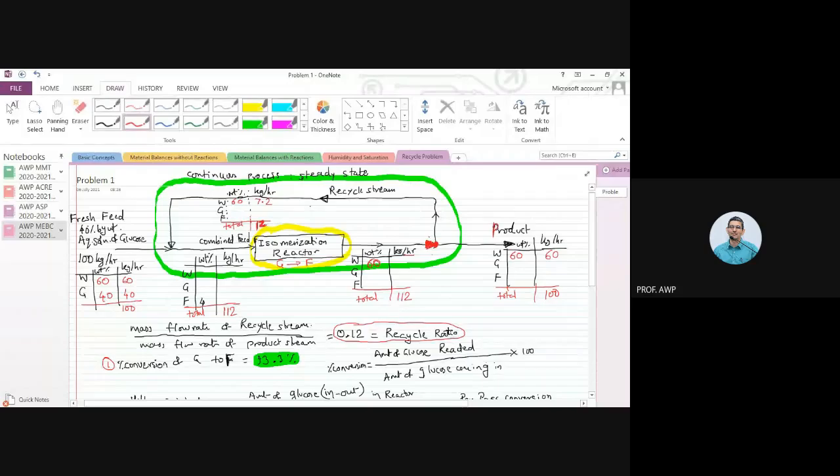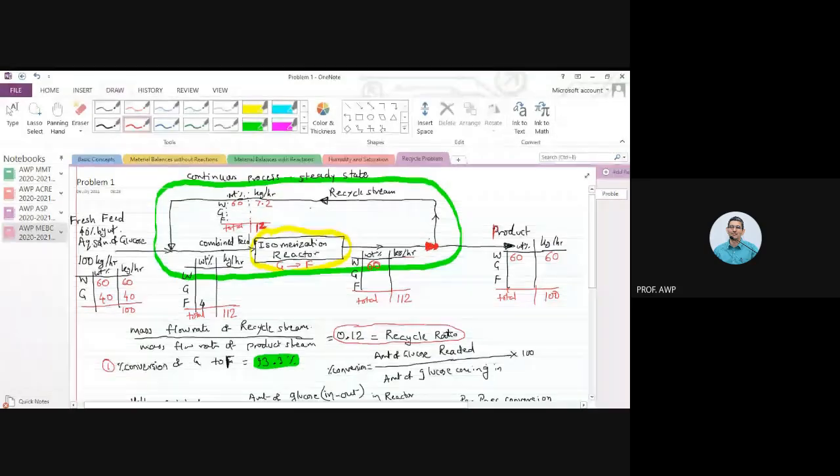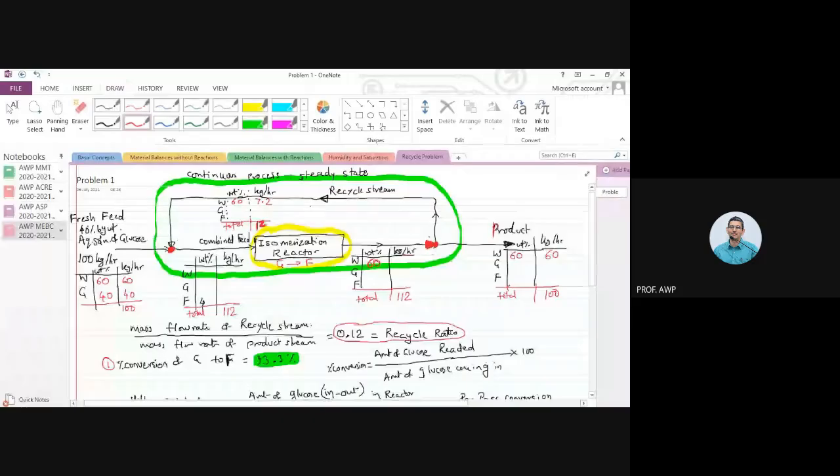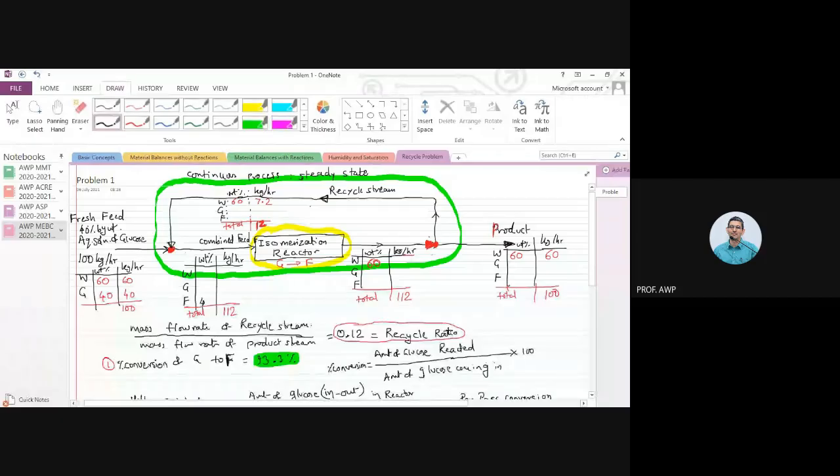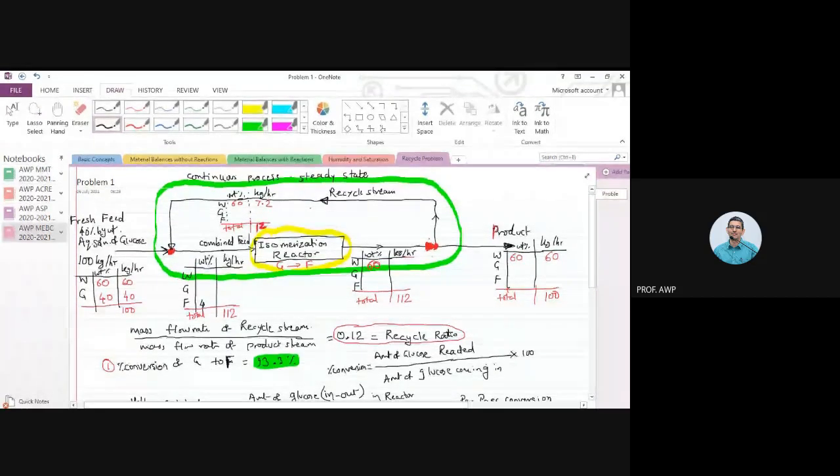Okay. Now look at this point where the fresh feed meets the recycle stream and they mix and go as a combined feed. Water coming in from the fresh feed is 60 kg per hour. Water coming in from the recycle stream is 7.2 kgs per hour.